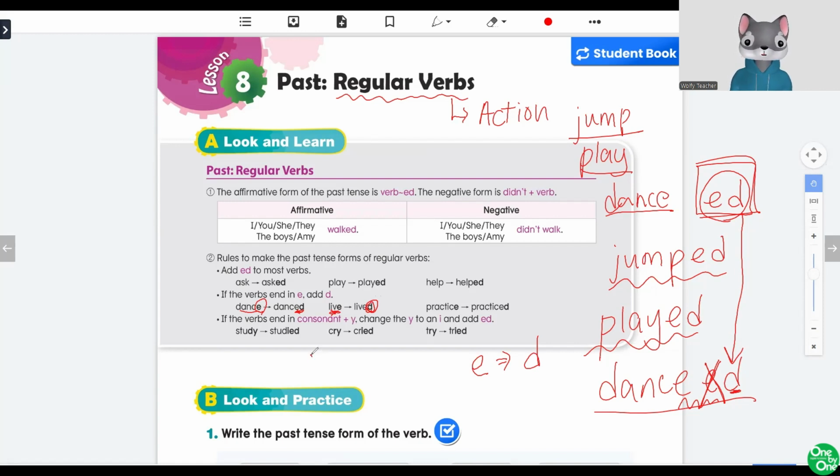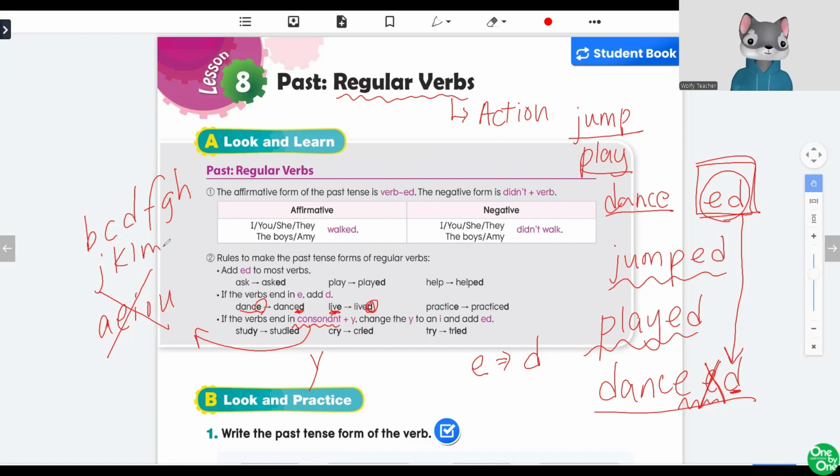Now, if we have a y at the end of the action word, and we have a consonant in front of it, consonants are letters that are not A, E, I, O, U. So other letters, things like B, C, D, F, G, H, J, K, L, M, N, P, Q, R, S, T, V, W, X, Y, Z. Now, if we have these letters, we always need to erase the Y, and instead of the Y, we need to put an I and an ED at the end.